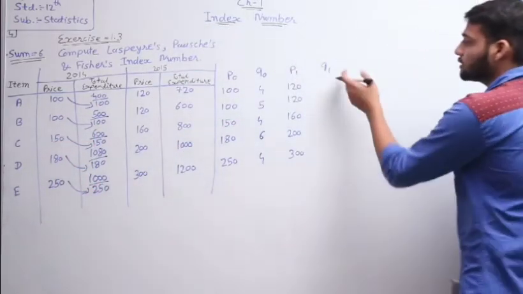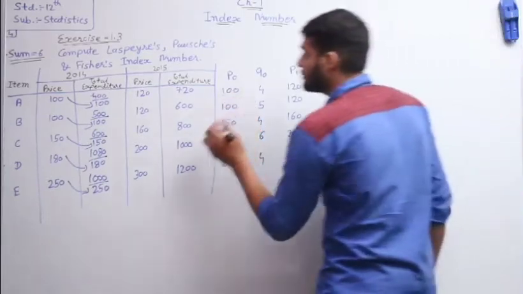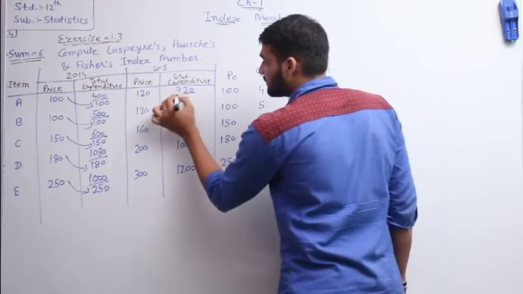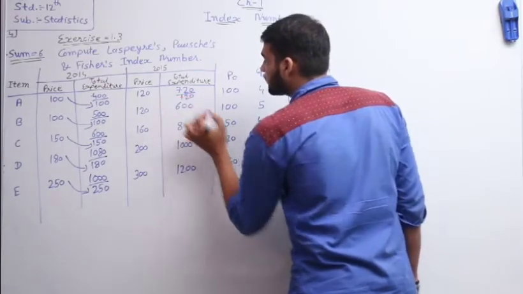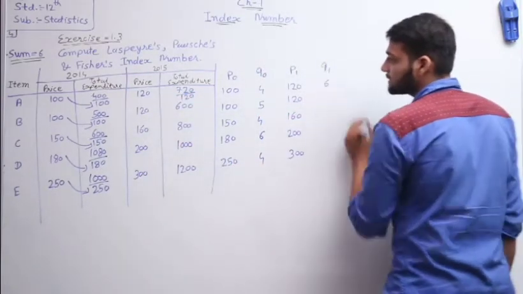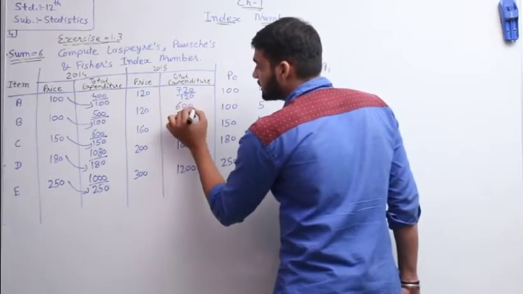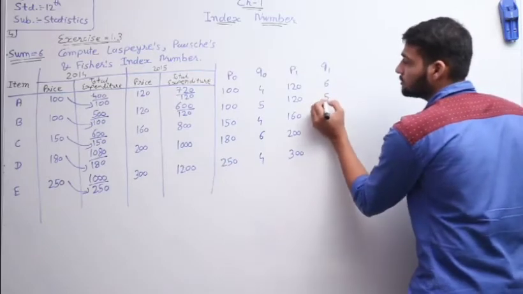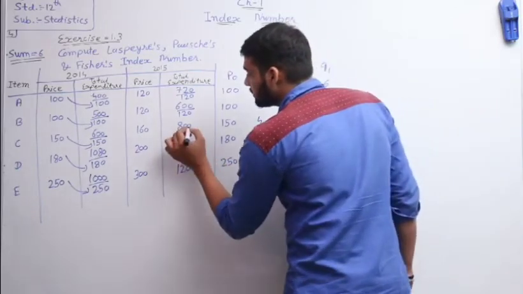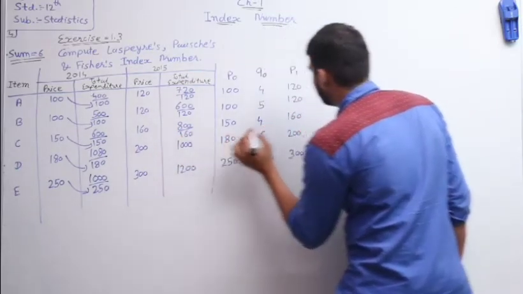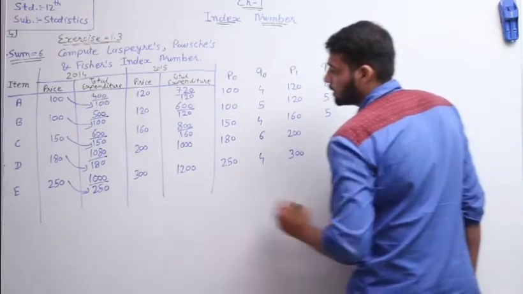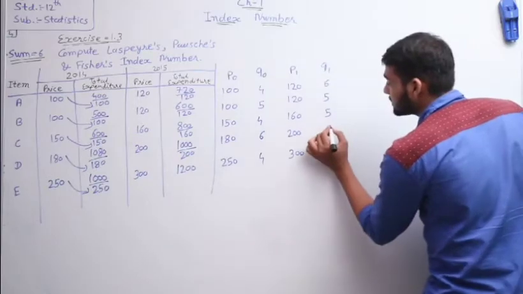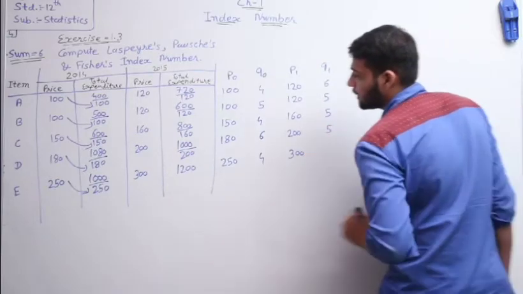Then let me find the Q1 column. Again similarly, total expenditure divided by price. So 720 divided by 120, so the answer is 6. 600 divided by 120, so the answer is 5. 800 divided by 160, so the answer is 5. Then 1000 divided by 200, so the answer is 5.